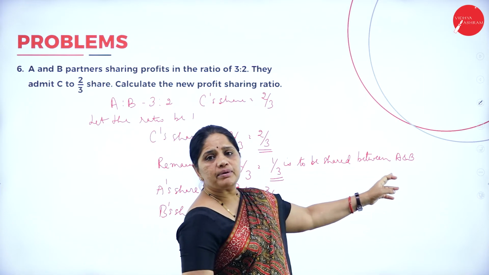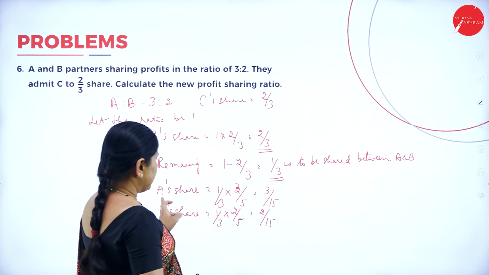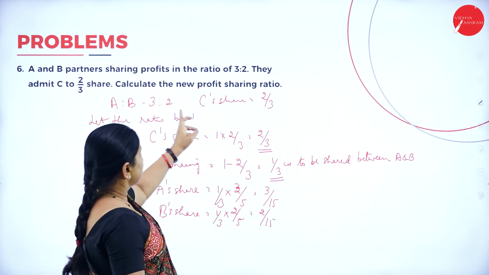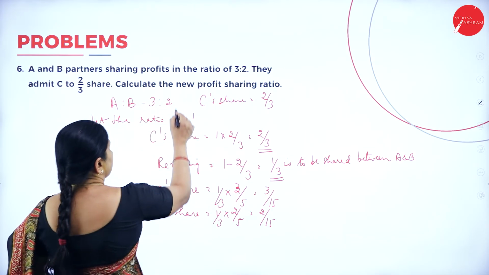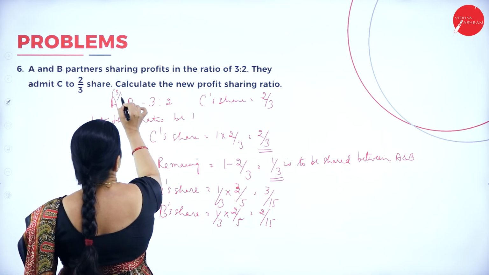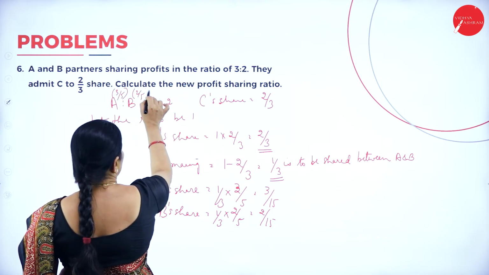It is to be shared between A and B. So, A's share will be 1/3 into 3/5, and B's share will be 2/5.